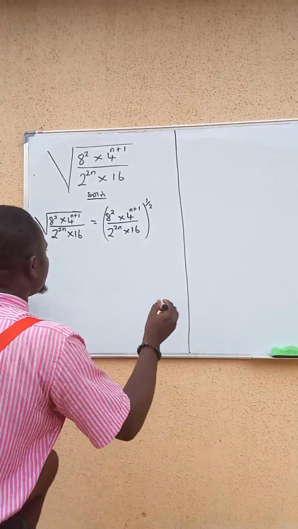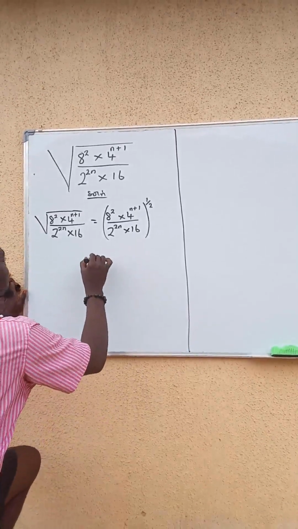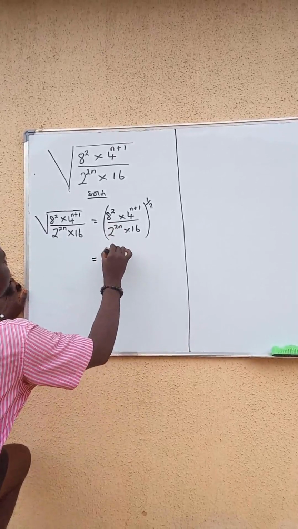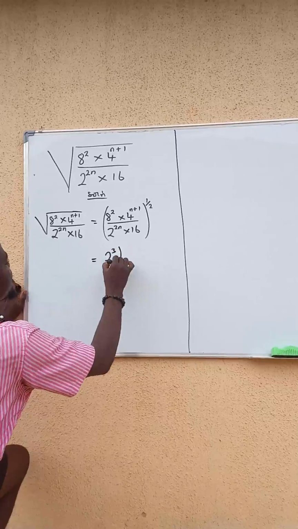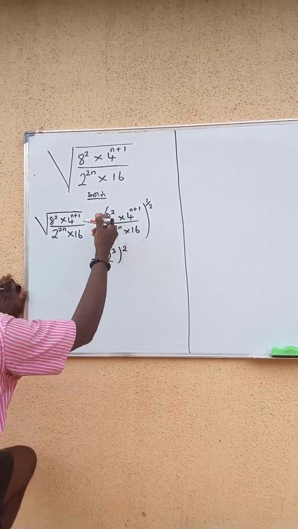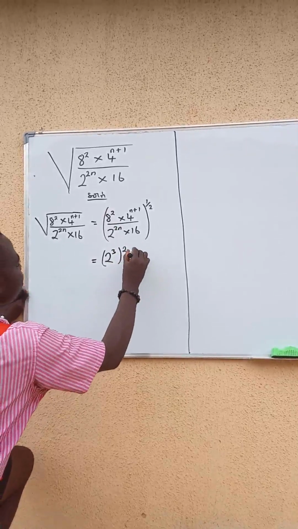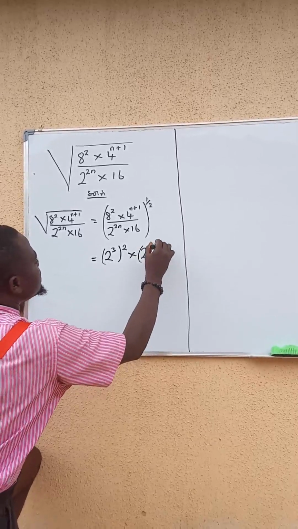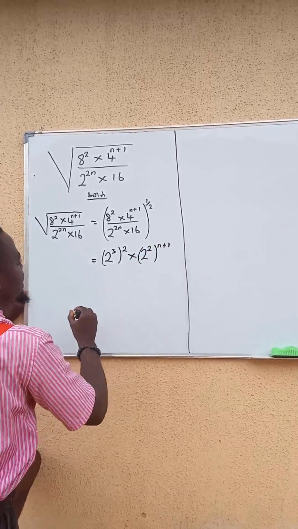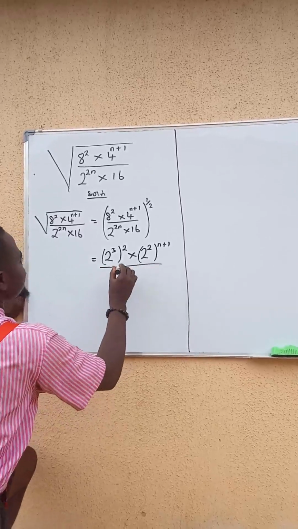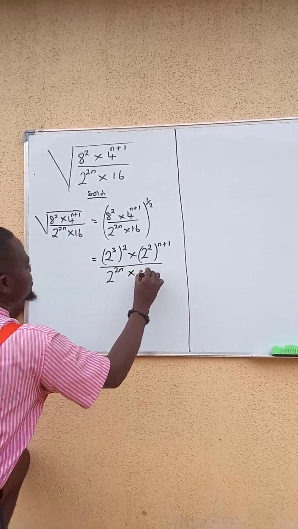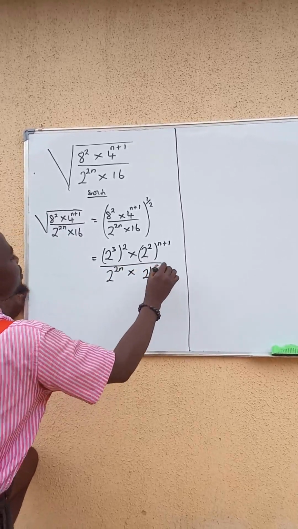So in this case, what I'll do is to bring it like this. I know that 2 raised to the power of 3 will give me 8. Then the 2 remains, multiplied by 2 raised to the power of 2 n plus 1 remain, over 2 raised to the power of 2n multiplied by 2 raised to the power of 4.